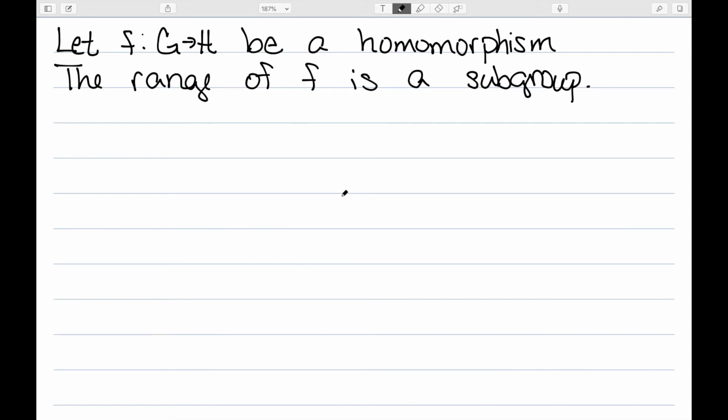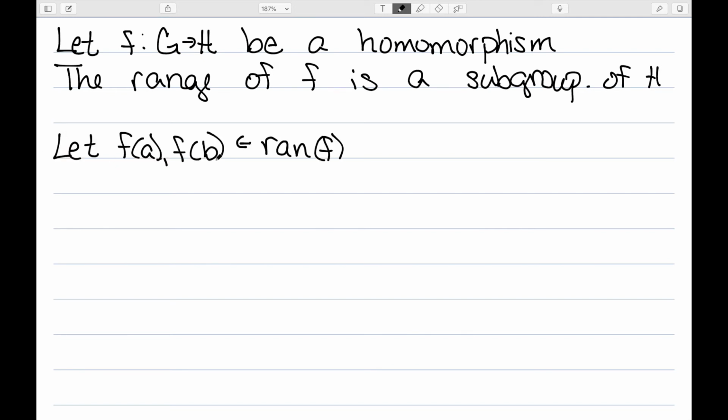I'm also going to show that the range of f is a subgroup. Not necessarily a normal subgroup, but it is a subgroup. This time we're talking about the range, so it needs to be a subgroup of H rather than G. I'm going to denote the range by ran of f, so I'm going to pick two elements in the range, f of A, f of B. I need to show that if I multiply them, I'm still in the range.